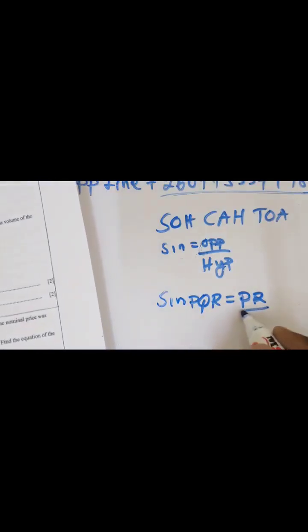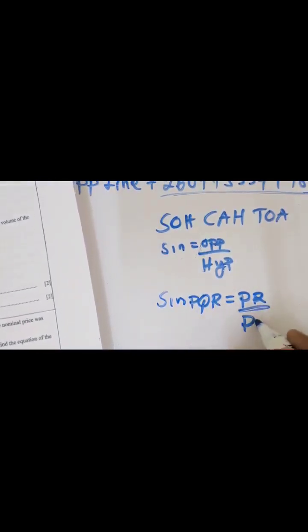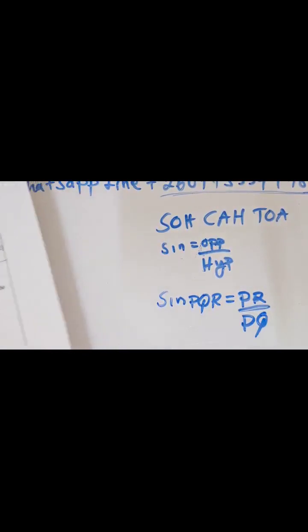The hypotenuse is PQ, so over PQ. This is the formula that we are going to use. But now we don't have PR, we don't have PQ. So how can we find that?